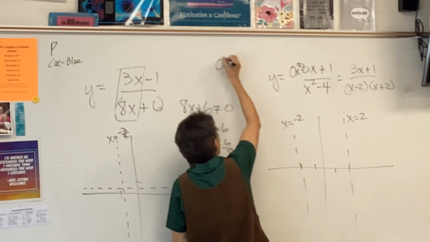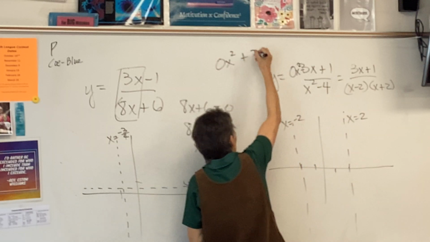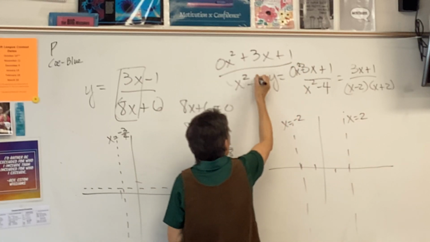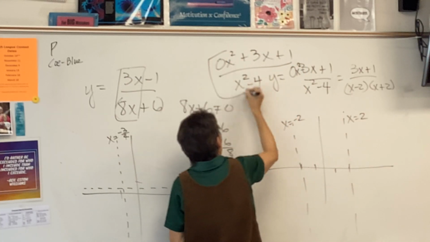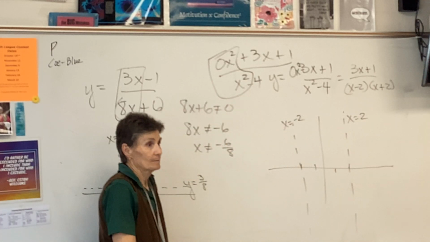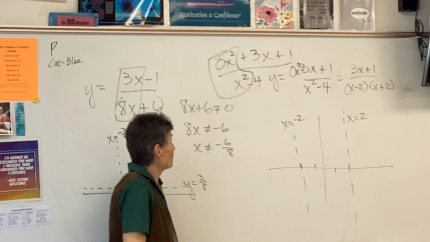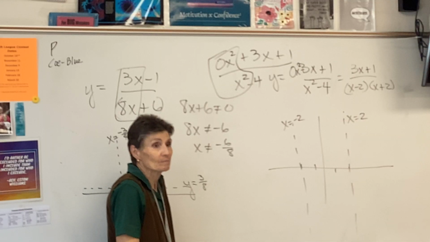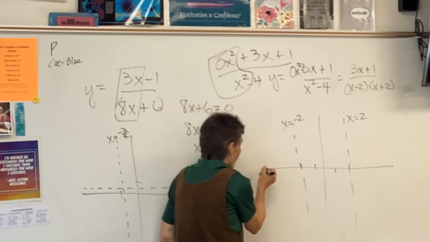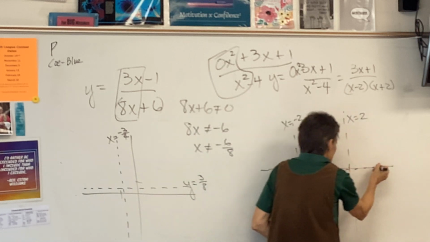So now I have 0x squared plus 3x plus 1. Now, can I box these in? Yes. And what is 0 divided by 1? 0. So where is your horizontal asymptote? y equals 0.